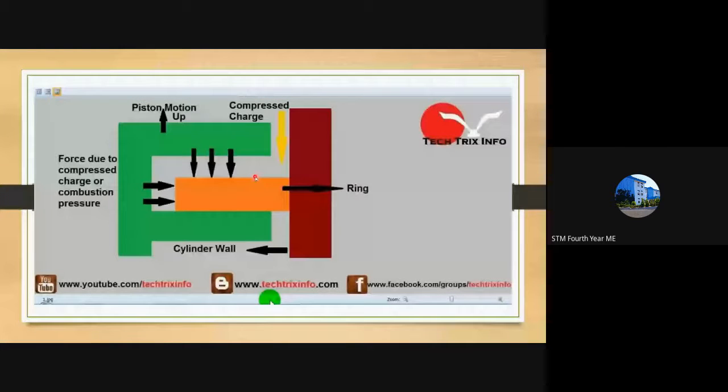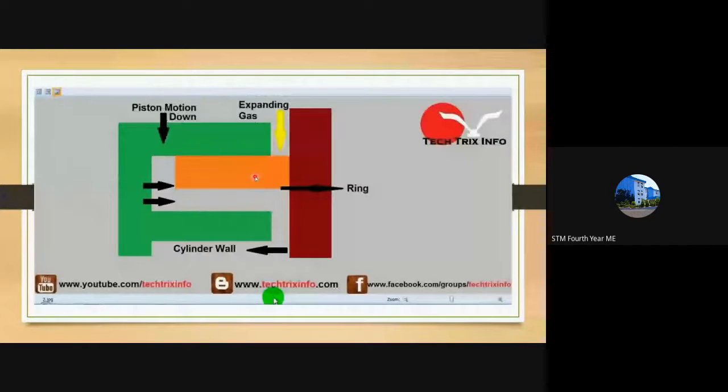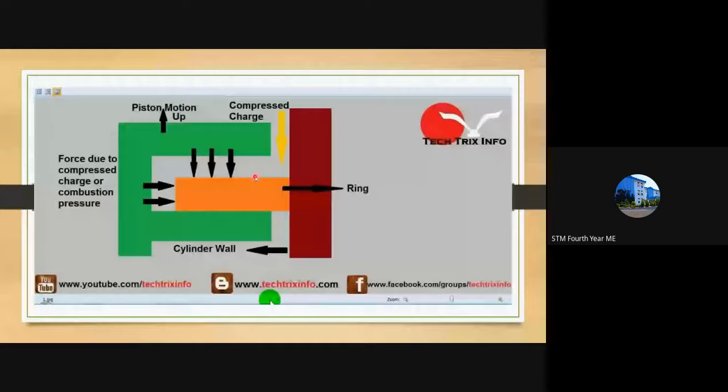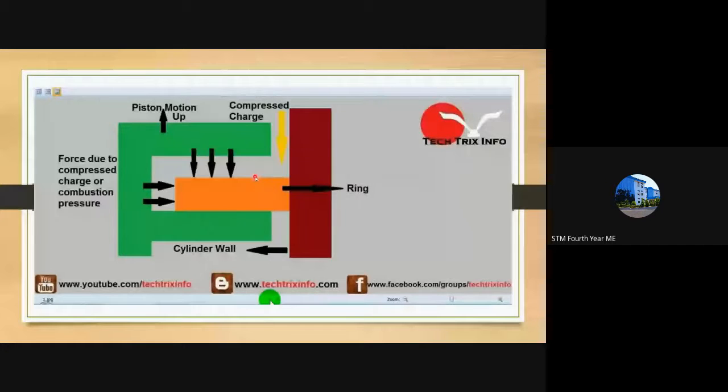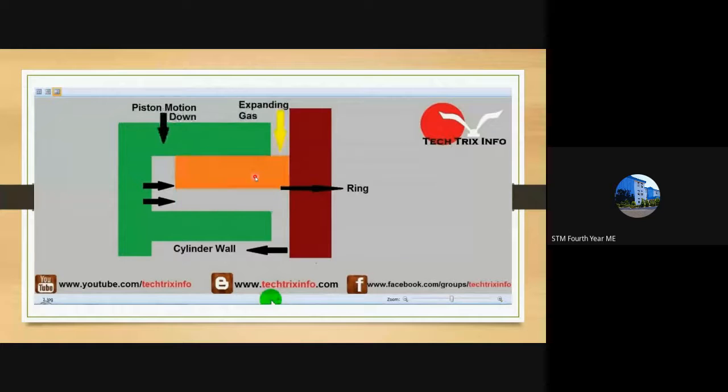TDC is the top dead center and BDC is the bottom dead center. So the piston moves from top to bottom, and due to that motion, the air and fuel particles are inhaled into the cylinder. It is sucked, so it is called a suction stroke.